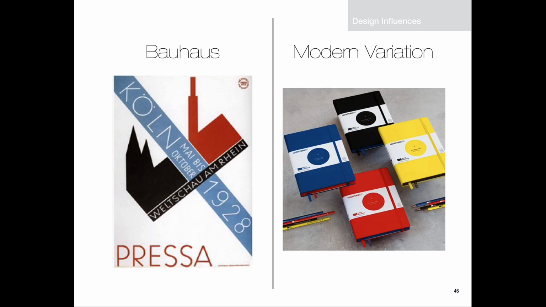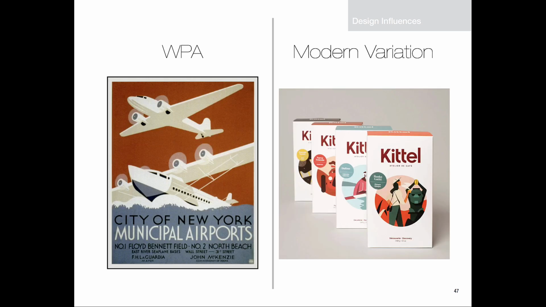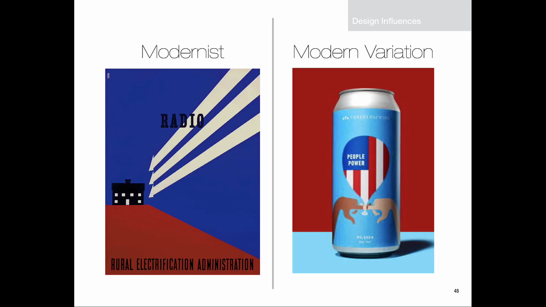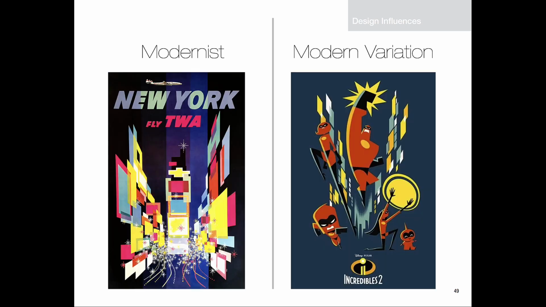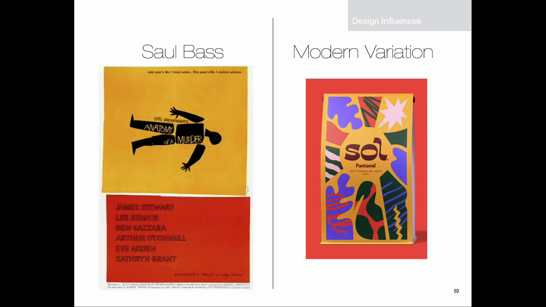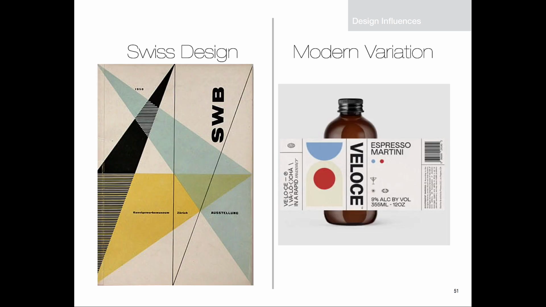Even the Bauhaus style in some design for office materials. The WPA posters, you can see that in some other type of packaging here. Modernism, there you can see it in a beverage. More modernist work in poster design for our friends at Disney. Modern variation of Saul Bass style with that cut paper look to it and the bright colors.